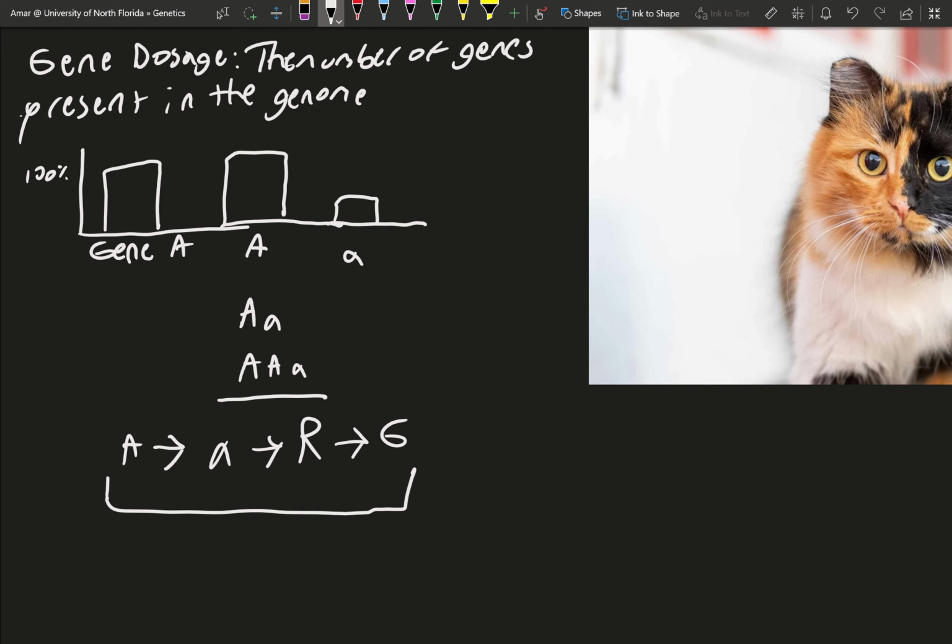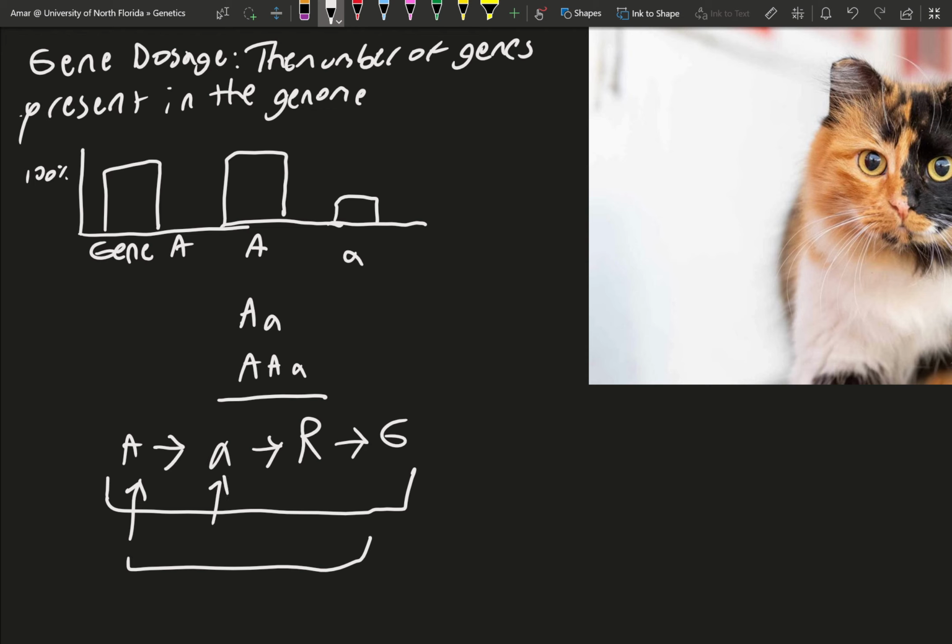Let's say we increase the big A gene by another big A. What's going to happen is now you're going to overexpress this pathway more than what you had initially, where now you're going to have a lot more big A's, and because of that, you can't really digest it all to produce the little a phenotype or something like that. So that would be the best explanation of how gene dosage works.